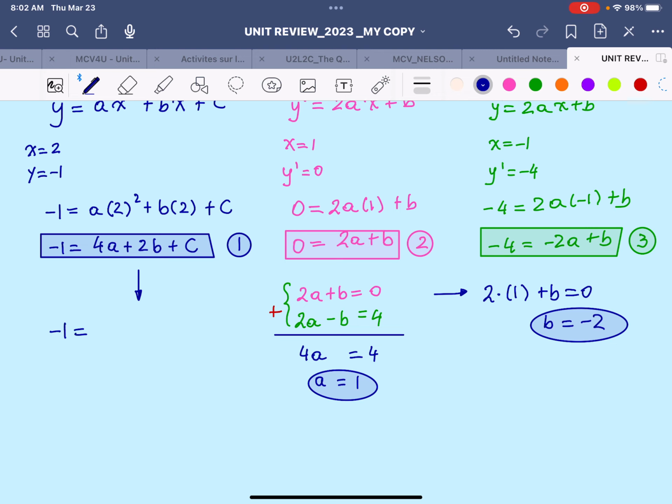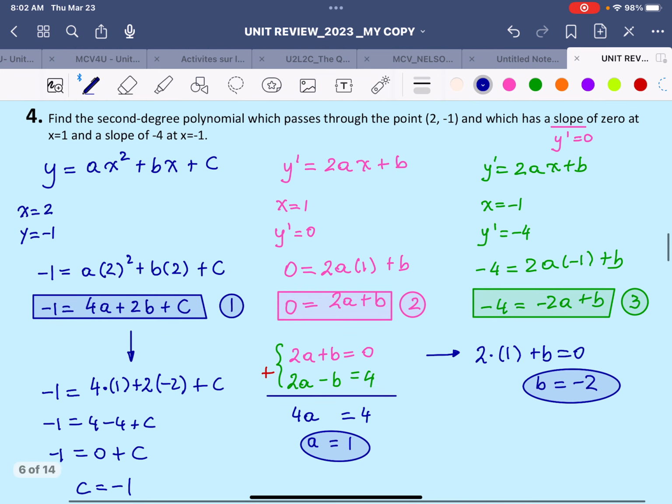So we have negative 1 equals 4 times, we know a is 1, plus 2 times, we know b is negative 2, and then plus c. So negative 1 equals 4 minus 4 plus c. 4 minus 4 equals 0, which makes the value of c equal to negative 1.